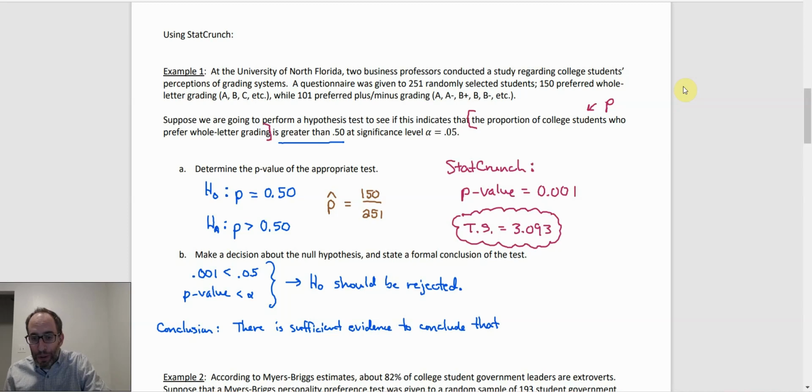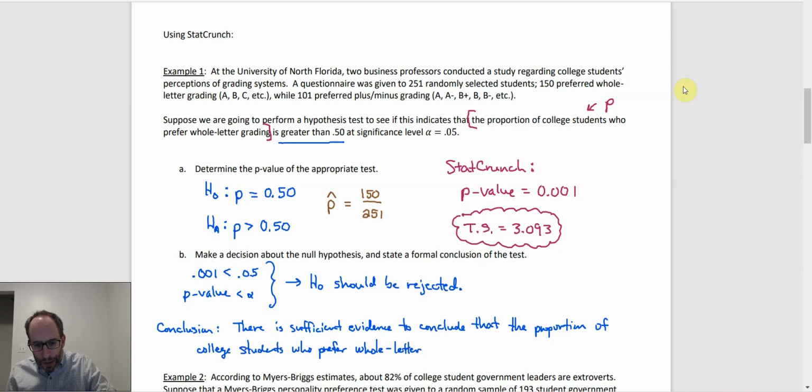So I'm going to copy it verbatim and just say that the proportion of college students who prefer whole letter grading is greater than 0.5. And that's it.